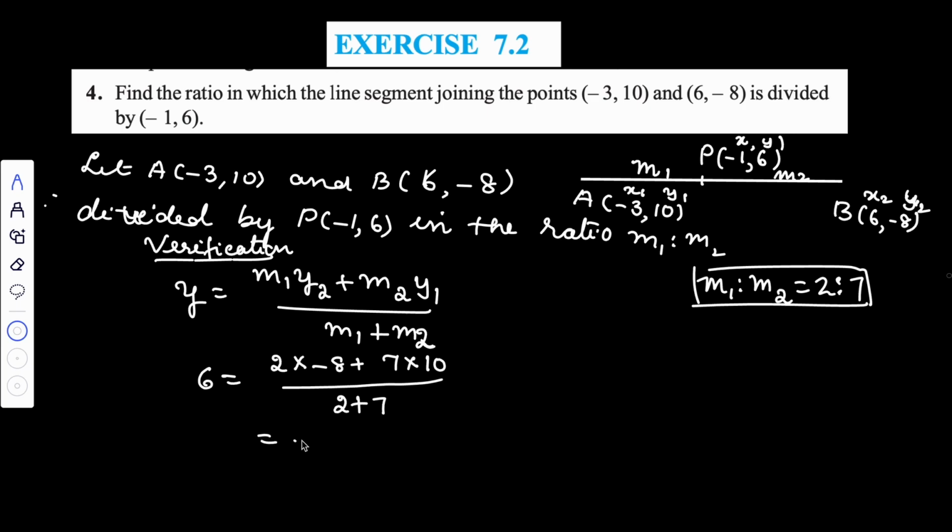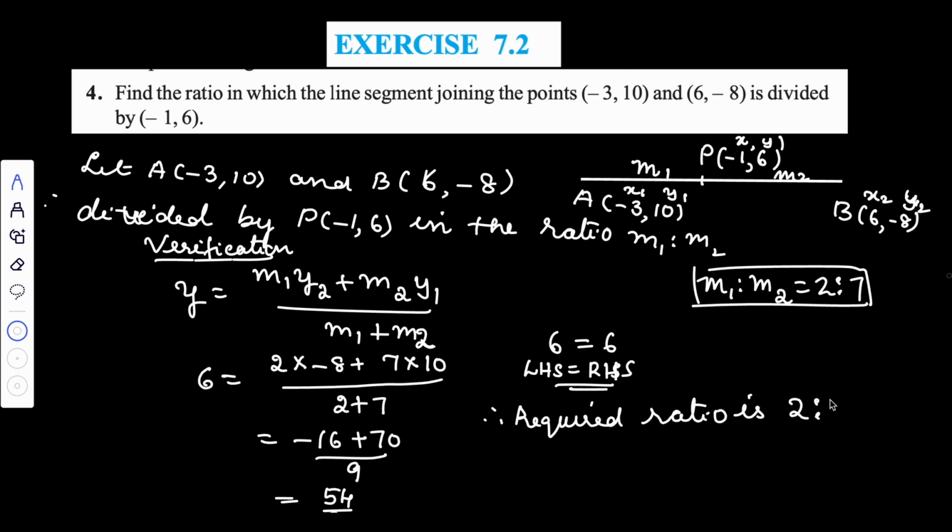So we get (-16 plus 70) divided by 9, that is equal to 54 by 9. So we get 6 is equal to 6, that is LHS is equal to RHS. That means the ratio we calculated, 2 is to 7, is correct. Therefore the required ratio is 2:7.